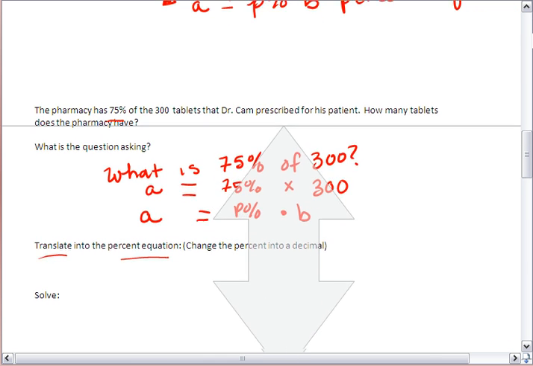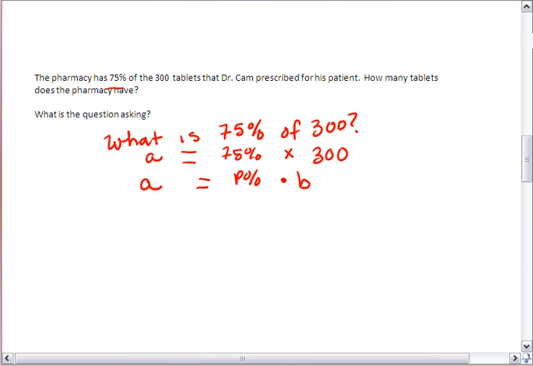Okay, now let's look at this. How could I solve this? A equals 75% of 300. Well, I can't really multiply my percent, so I'm going to turn it into a decimal. We just learned how to do that. That's 2 places to the left.